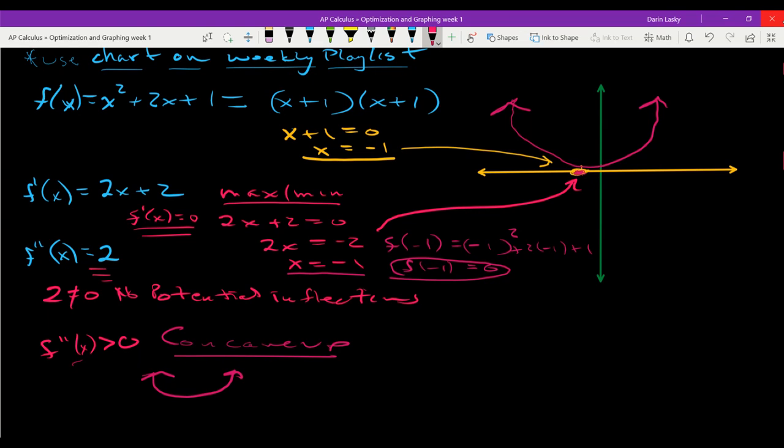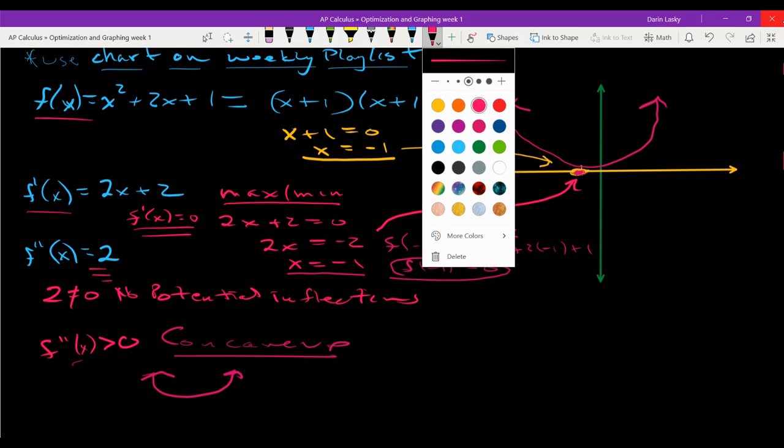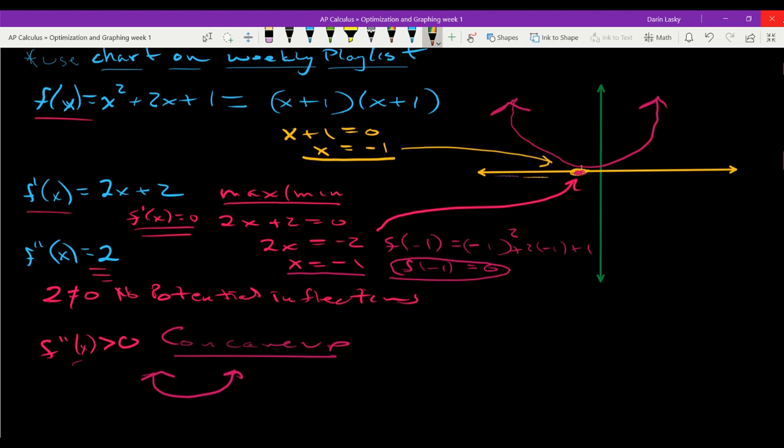So, steps. Set f of x equal to 0 and find your critical values. Set f prime of x equal to 0 and find your maximums or minimums or your horizontal tangent points, which I didn't draw in here. But if we did our horizontal tangents in the rainbow color again, if we drew that across, that's where this is right here.